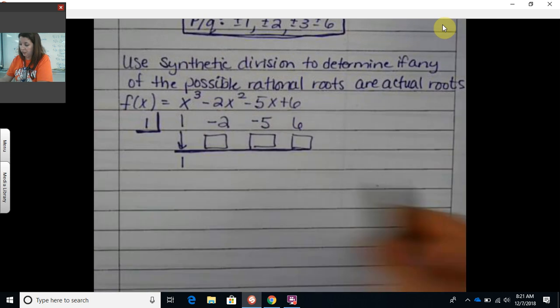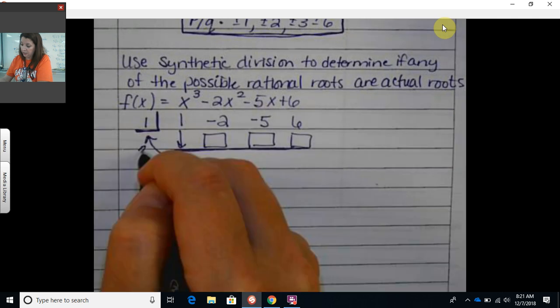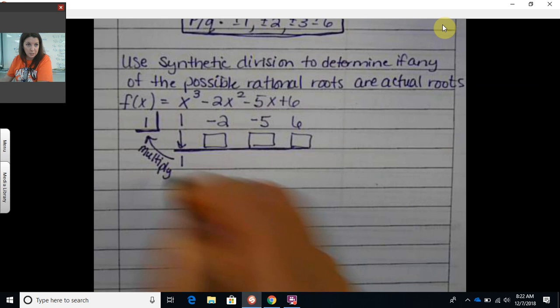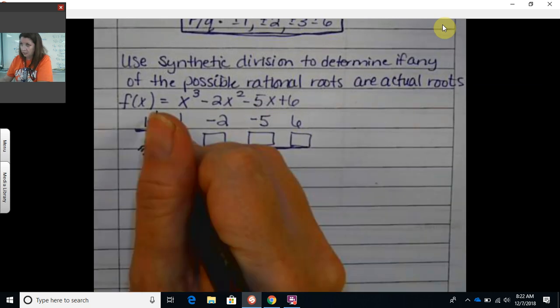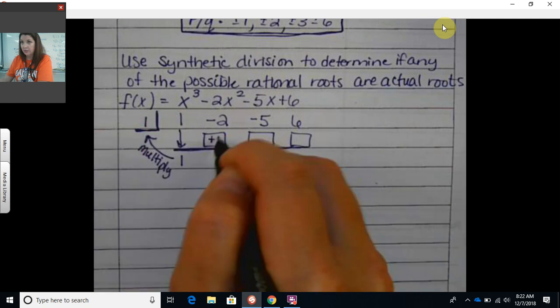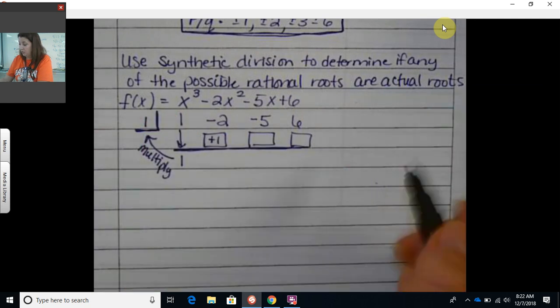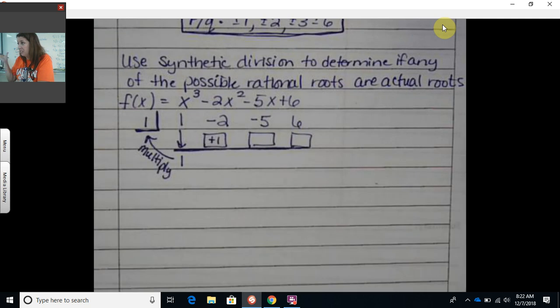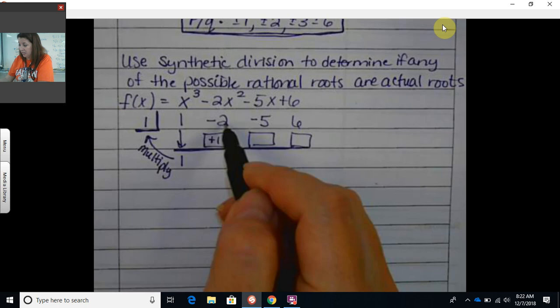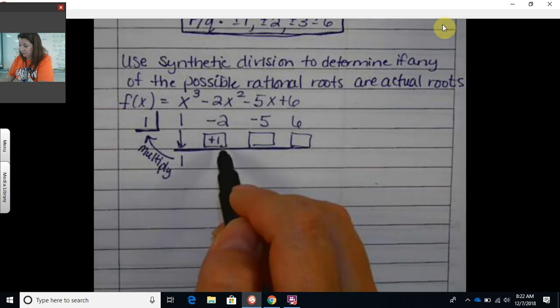You multiply that by whatever the number is behind the little house. So 1 times 1 is 1, and it's positive. Now once you get a number here, these two numbers you add or subtract, whatever the sign is. A -2 and a +1 make what? -1.